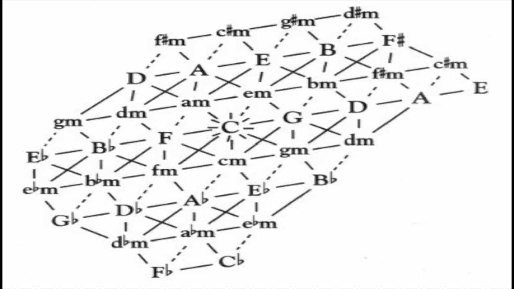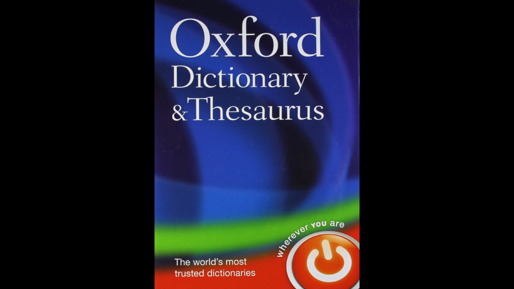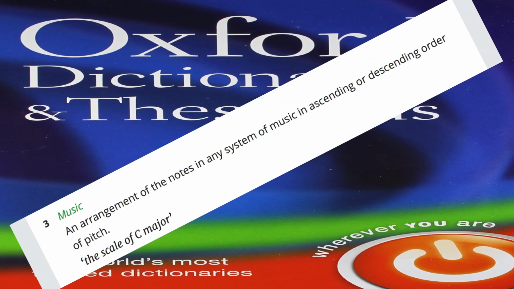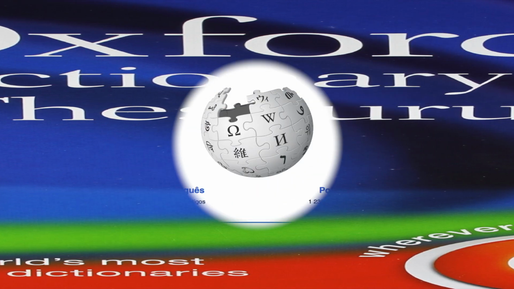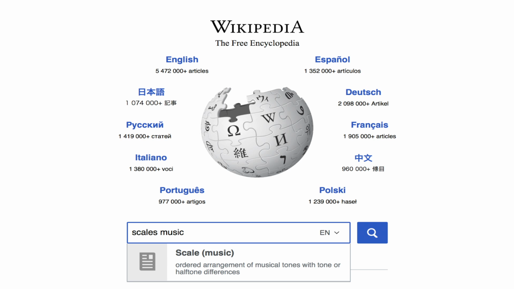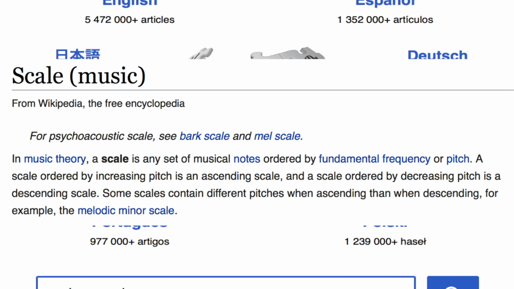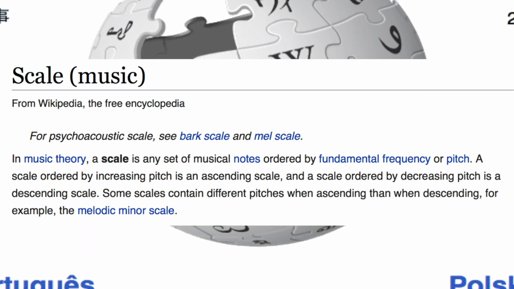First, let's look at a common definition of scales from the Oxford Dictionary. An arrangement of the notes in any system of music in ascending or descending order of pitch. Okay. And one more, this time from Wikipedia. In music theory, a scale is any set of musical notes ordered by fundamental frequency or pitch.